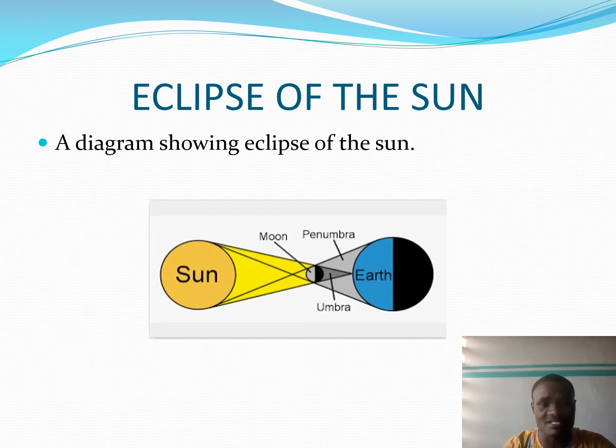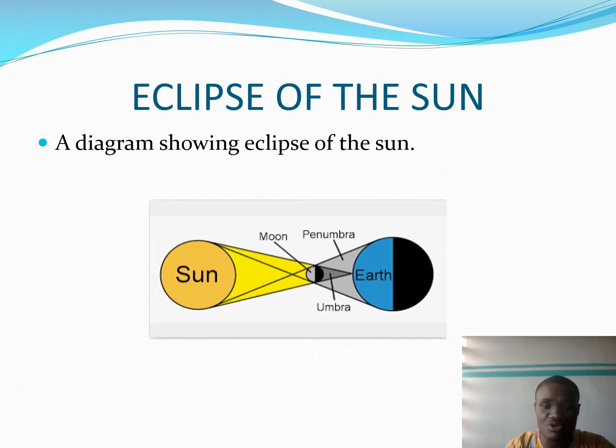This is an image showing how eclipse of the sun is formed. This is the moon, which blocks the rays of the sun from reaching this part of the earth, and then this is the darker region, which is called the umbra, and this is the partial shadow, which is called the penumbra.